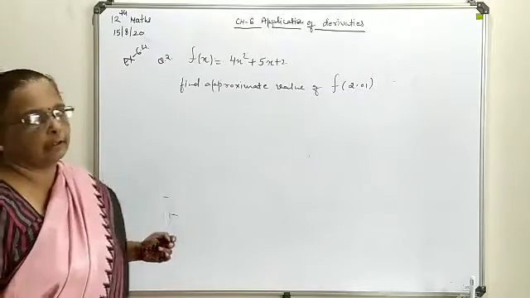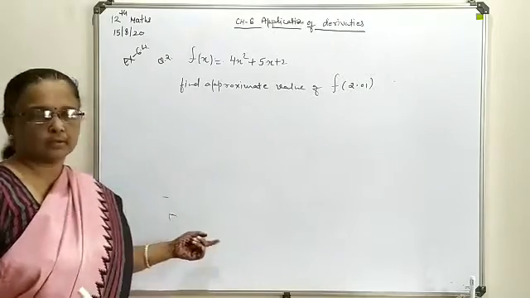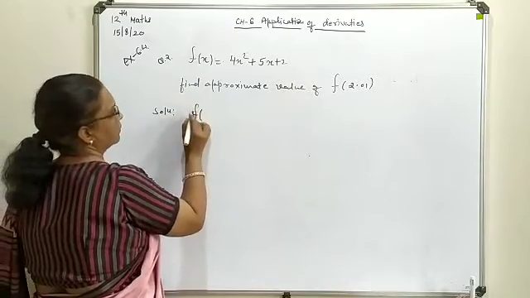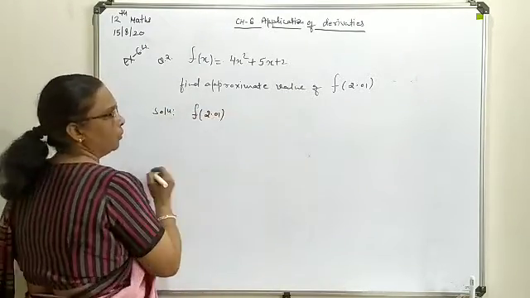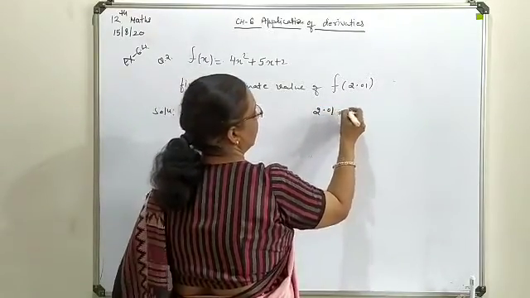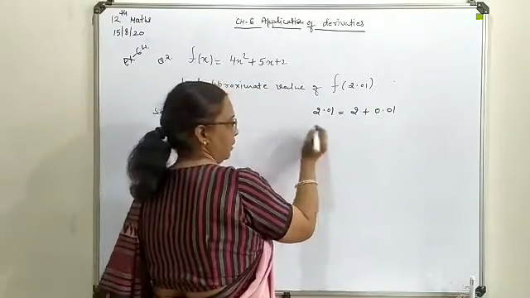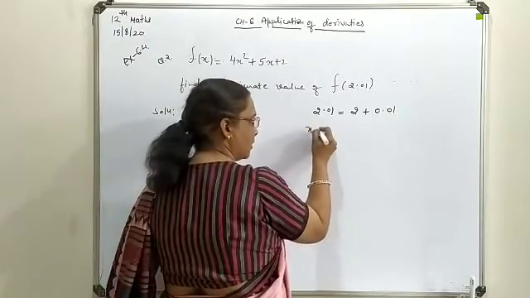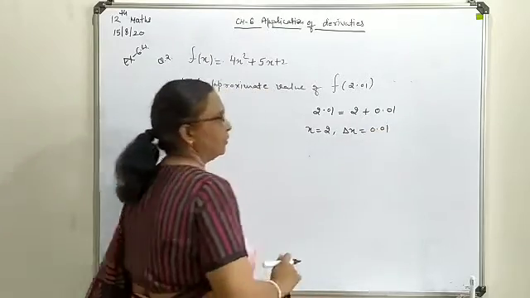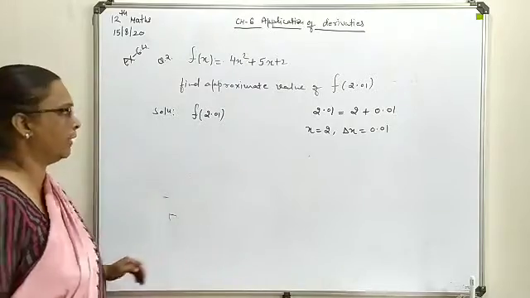So here it is f(2.01). This 2.01 can be split as 2 plus 0.01. So x is 2, whereas delta x is 0.01. This way the number is split into two quantities.